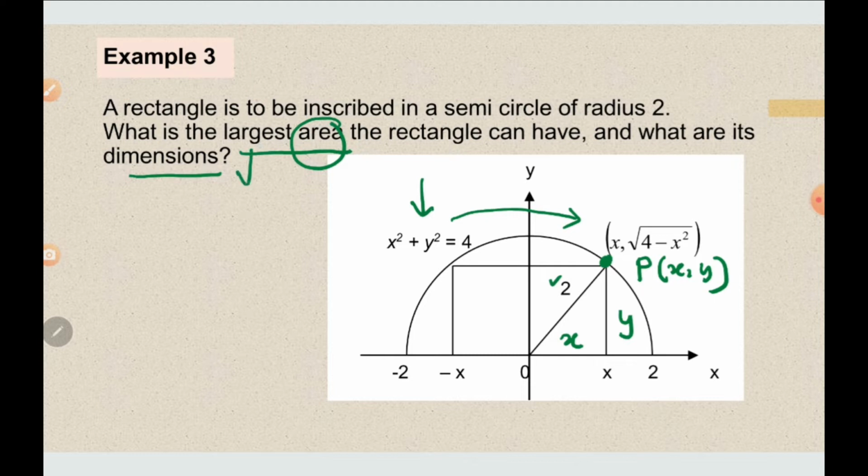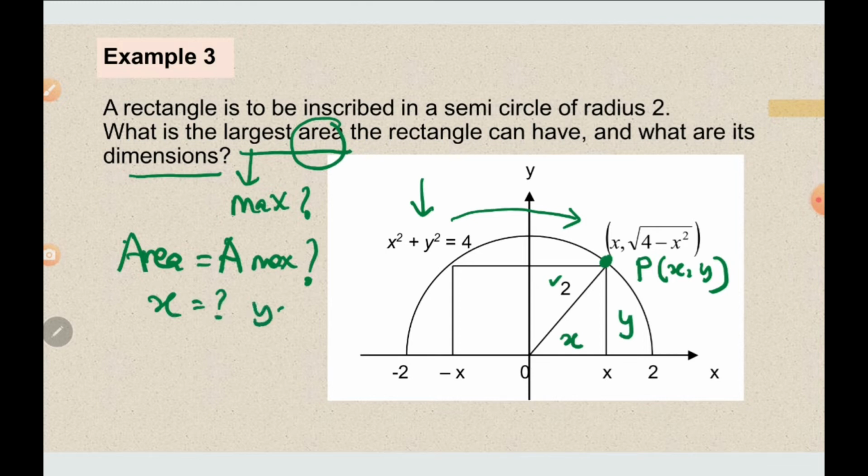The largest here means maximum. So we want to find out what is the maximum area. I will use area as A. So what is the maximum area and what is the dimension? Means the value for x and the value for y.